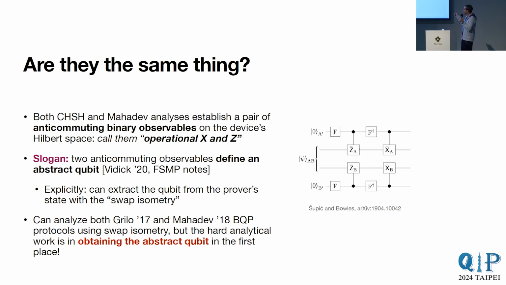That thing even has a quantum circuit. It's called the swap isometry. It turns out that both the Grillo protocol and things like it, and the Mahadev protocol, ultimately can be analyzed as using this swap isometry. They prove that the untrusted quantum device has a pair of anti-commuting operators, and then they use that to get a qubit out, and then they build on that to verify all of BQP.